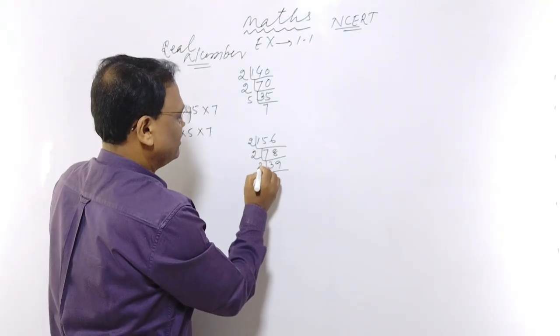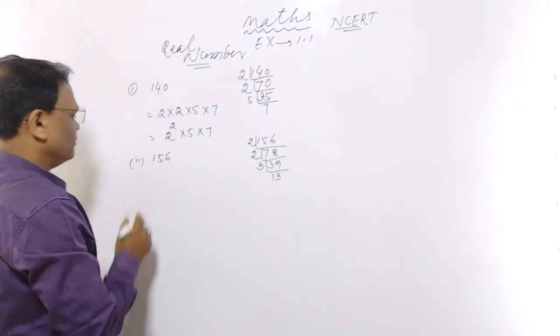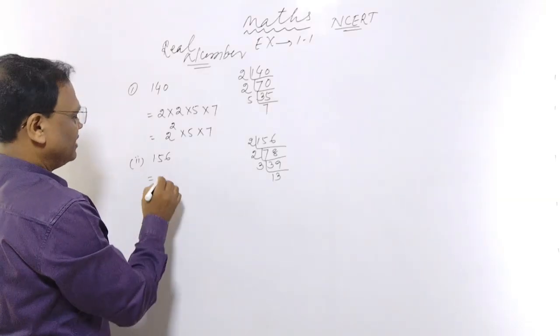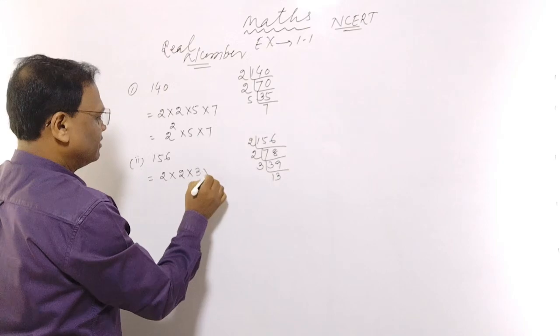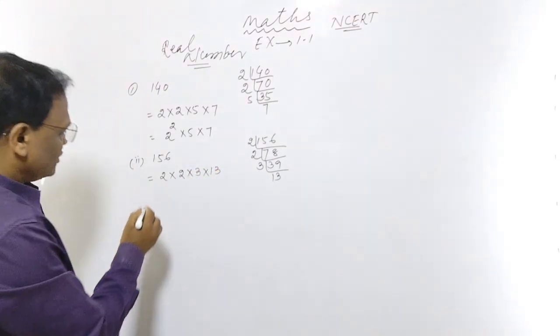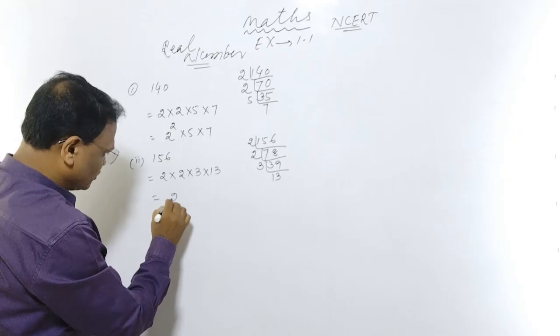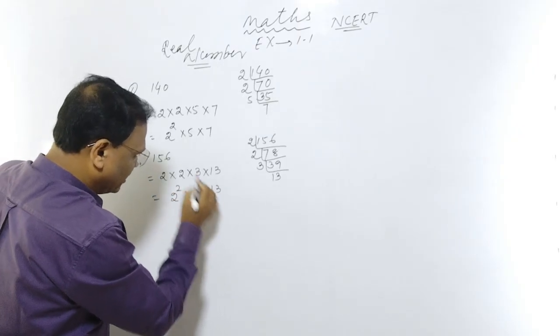Again I can start with 3, 3 1s are 3, 3 3s are 9. Over. Now what prime factors did I get? I got 2 into 2 into 3 into 13. So these are the prime numbers I got. Let me further write it as 2 square into 3 into 13.